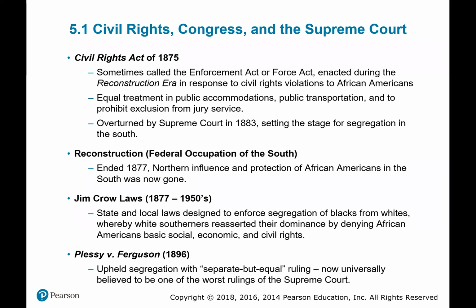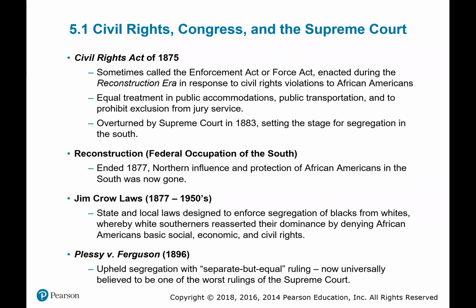So with that gone, you had the old group kind of coming back in, and they saw all of these problems in the South, and they wanted to make sure again that they would be enforcing the 13th, 14th, and 15th Amendments. And so this is why the Civil Rights Act of 1875 is sometimes called the Enforcement Act or the Force Act.